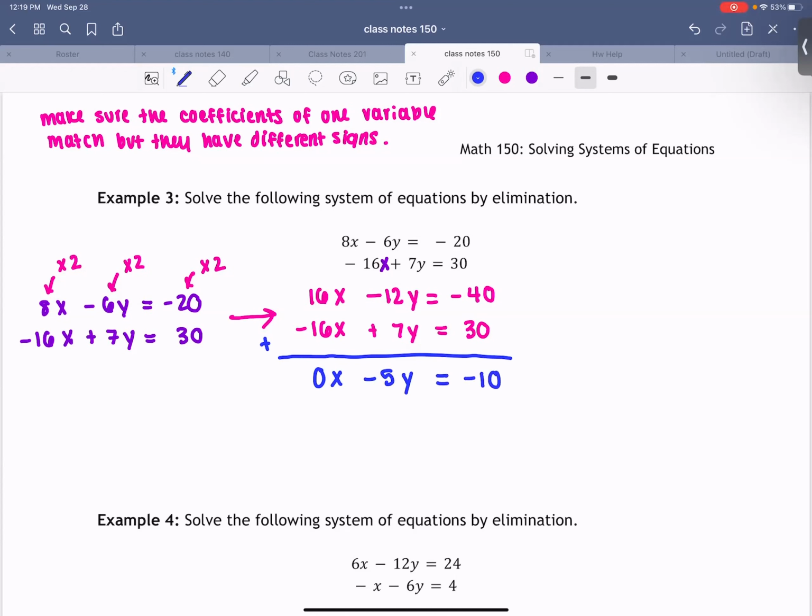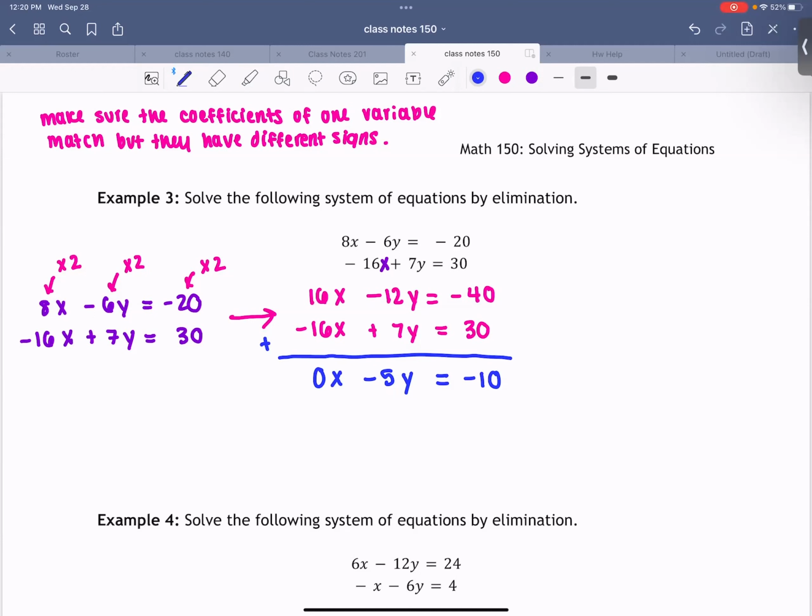Negative 10. Okay. Do you see why I added the two equations? One of them went to 0, right? Now, if you want to try subtracting it, you can try it, but one of the variables isn't going to go away. So you're just always trying to cancel out one of the variables. In this case, I wanted to cancel out x because they both matched. So I decided to add them.